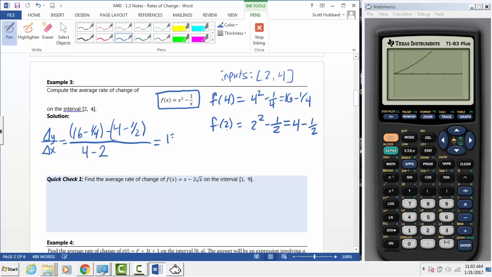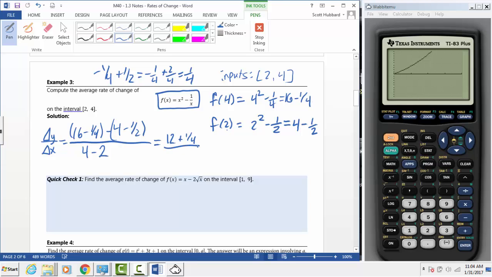Okay. And that's going to give me 16 take away 4 is 12. Negative 1/4 minus a minus half, so it's going to be negative 1/4 plus half. So I have negative 1/4 plus 1/2, which is negative 1/4 plus 2/4. And so that's 1/4.